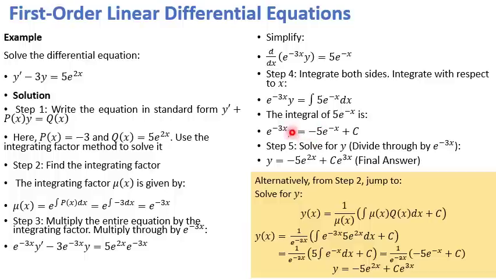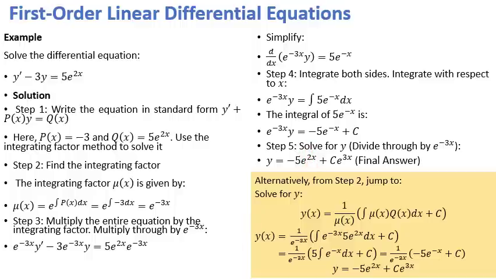So the next thing now, to solve for y, will be to divide both sides by exponential raised to power minus 3x. Now, dividing this by exponential raised to power minus 3x will give us minus 5 exponential raised to power 2x.